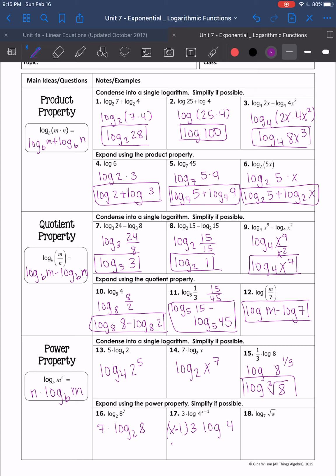So that means 3x minus 3 when you distribute, times log of 4 would be your answer. And then this one, it would be log base 7 of w to the 1/2. So 1/2 log base 7 of w.